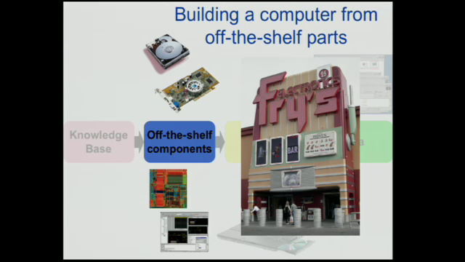Now, if you are a maker of these components, you can sell them. In fact, we have a place in California, I don't know if you have them out here, they're called Fry's Electronics, and you can go and you can buy sound cards and motherboards and chips and the chassis, and you can put them all together, and you can make a computer.